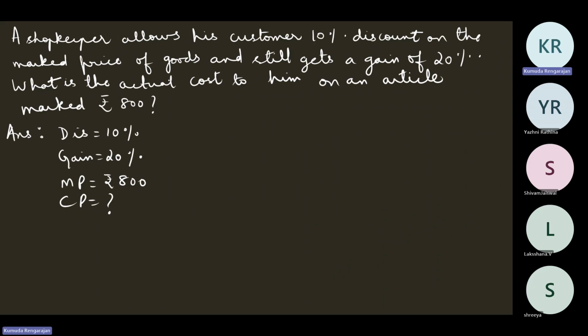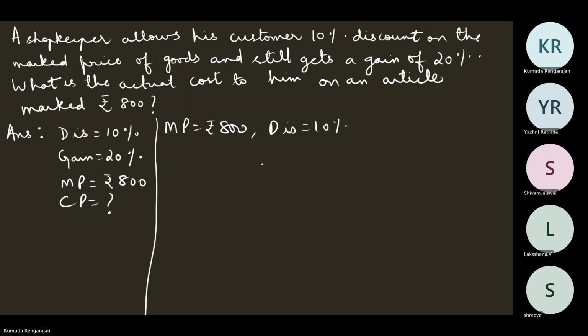So you should always start working with that information from which you can find something, mostly you should know two to find a third one. So here we have MP and discount. So let's start with MP 800 and discount 10%.